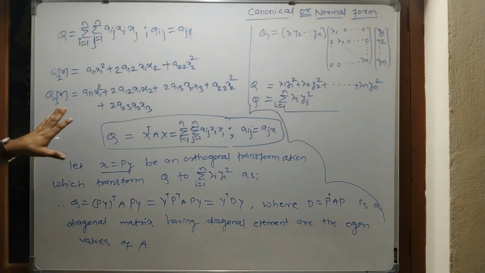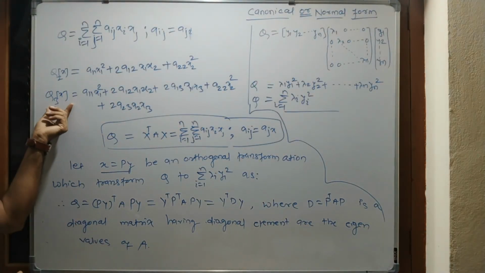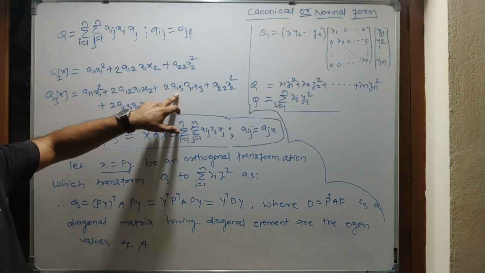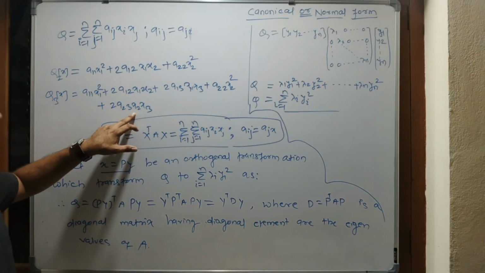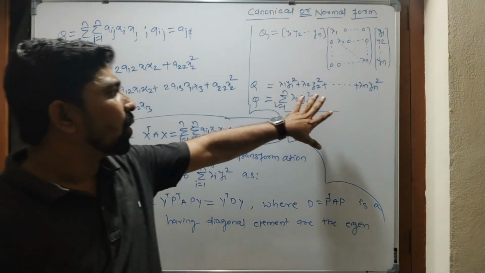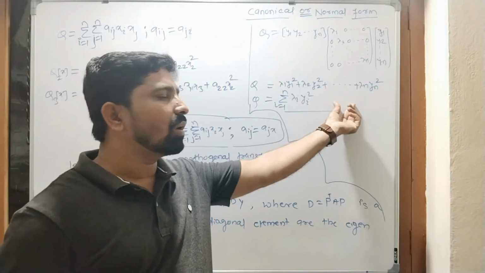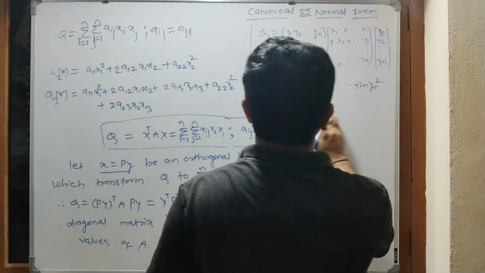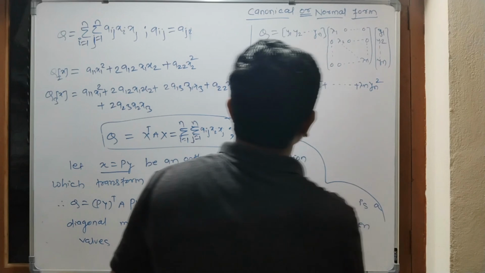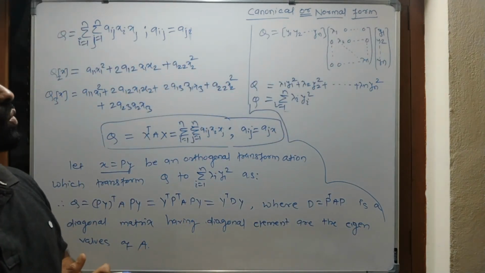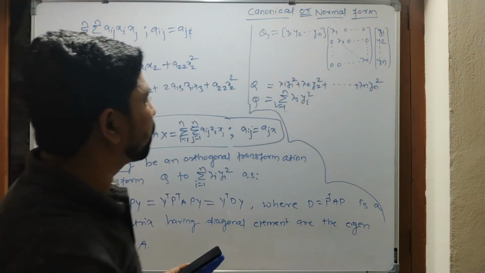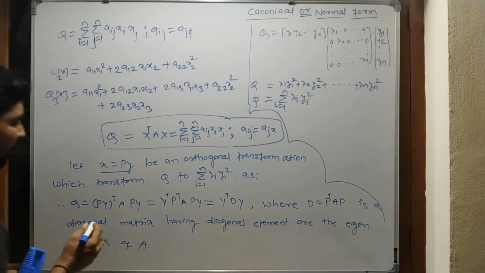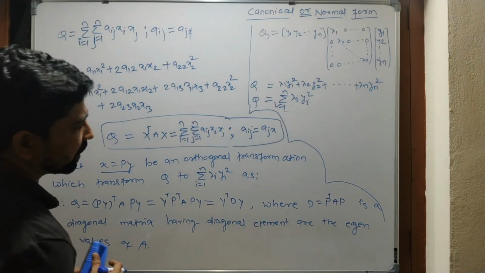For example, in this quadratic form in 3 variables, you can observe the 1 2 position is available, the 1 3 position is available, and in this way the 2 3 position is also available. But in the normal form in 3 variables, the cross terms vanish. So this is the normal form or canonical form or square form of the quadratic form, which is transformed by X equal to PY, that is, an orthogonal transformation.